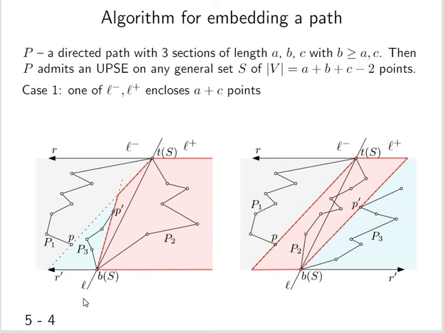So in the left case, we want this large half plane to contain the 2 branches, and if there are more points than what we want, then we rotate a ray emanating from B, the bottommost point, so that it sweeps enough points.